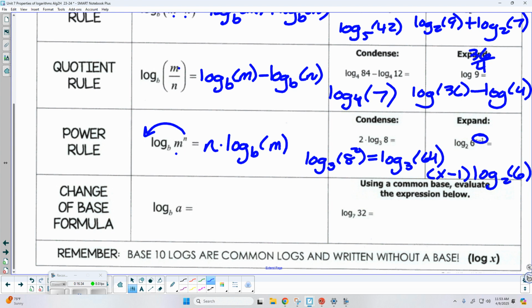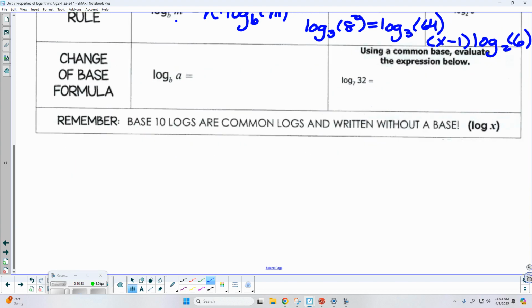Okay, we're almost done. Here's our last one. This goes from a previous lesson, so the other week, change of base formula. So this was log of A over log of B. So here's how this worked: the original argument went in the numerator.